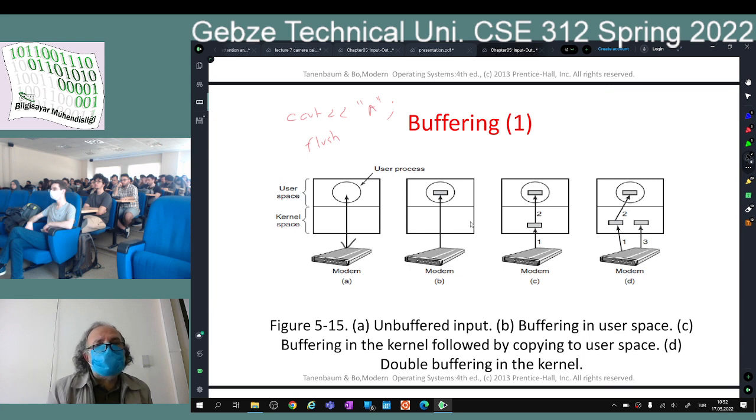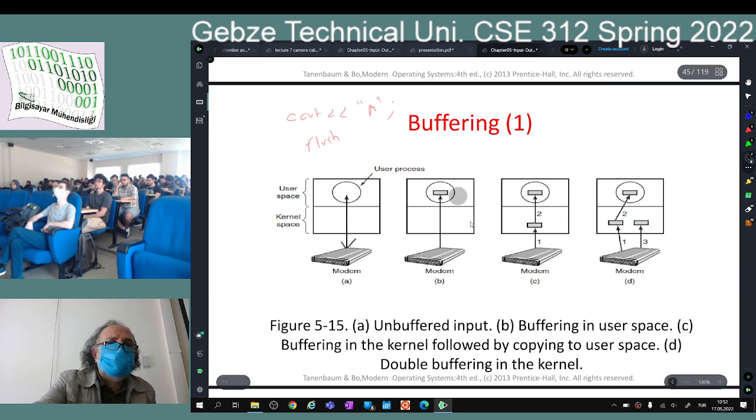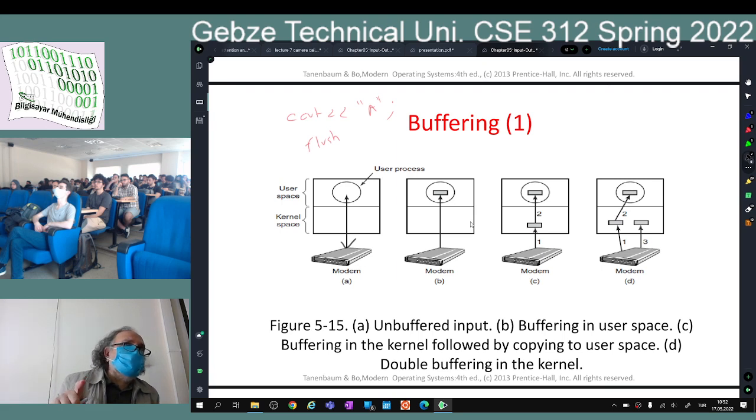So the idea is, why don't I keep all of my data in a buffer? I am going to send my data when it reaches one kilobyte of length. When this data is, let's say, 1 kilobyte long, then I ask the operating system to send it. Or maybe the operating system is going to tell me that your new 1 kilobyte of data is ready, just take it.